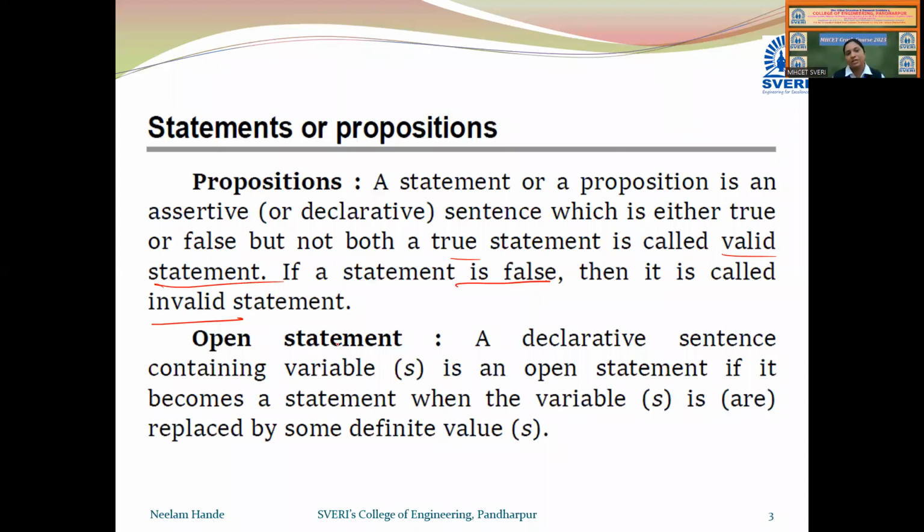False statements are generally called invalid, and true statements are called valid statements. The statements which are either true or false are called propositions, also called assertive or declarative. And if they are both true and false together, we cannot call it an assertive sentence.